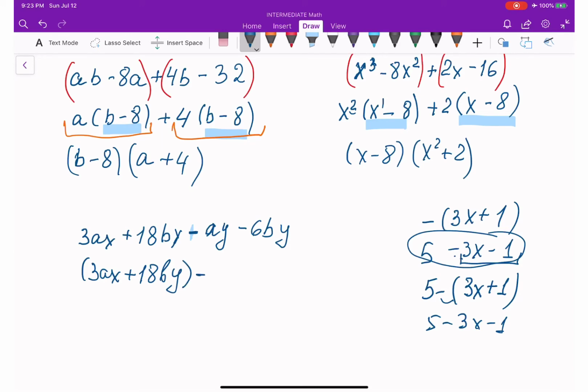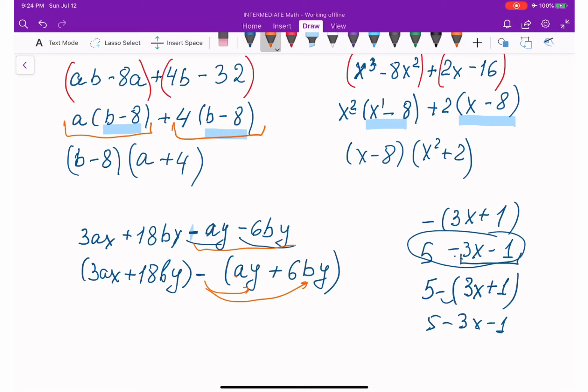Okay, since we have a negative here, ay is going to be positive because it was negative here, right? And negative 6by will also become plus 6by. Okay, look here, if I open it up, this negative will become negative ay, and this one will be negative 6by, right? Just like we have here.